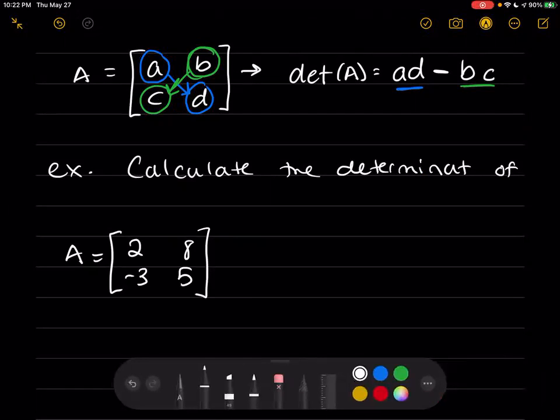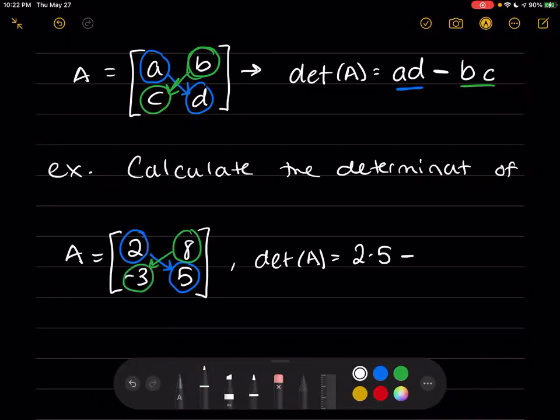The determinant of A is going to be 2 times 5 minus 8 times -3. That's 10 plus 24, so the determinant of this matrix is 34.